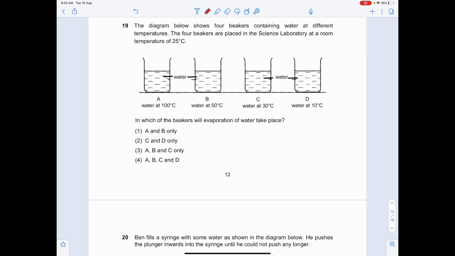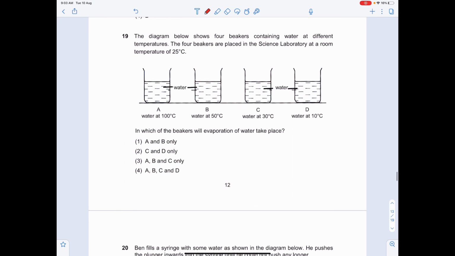Okay, the diagram below shows 4 beakers containing water at different temperatures. The 4 beakers are placed in the science laboratory at a room temperature of 25 degrees. In which of the beakers will evaporation of water take place? If you understand the concept of evaporation, we know that evaporation happens at any temperature.